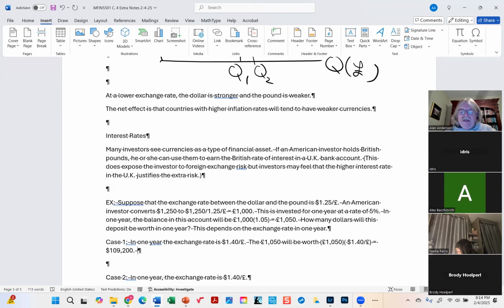I think it's 1,092. I don't know what I did in my calculator. Hold on.